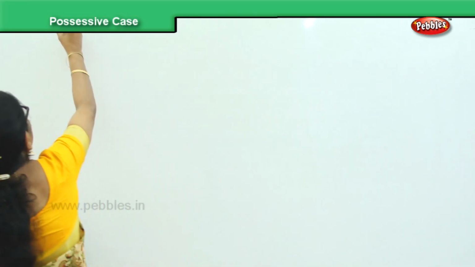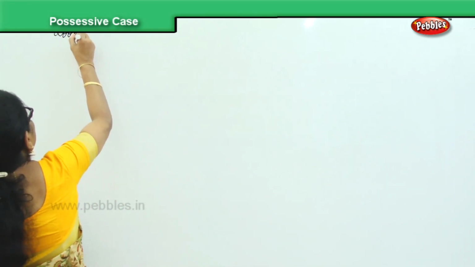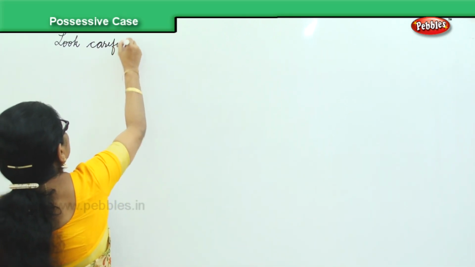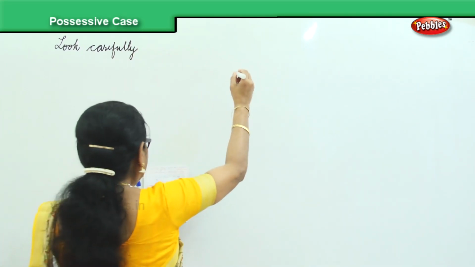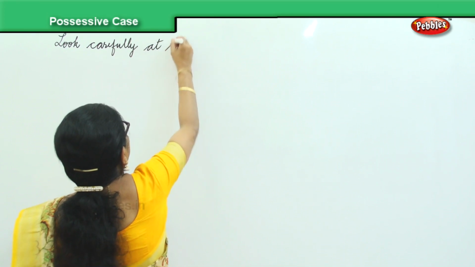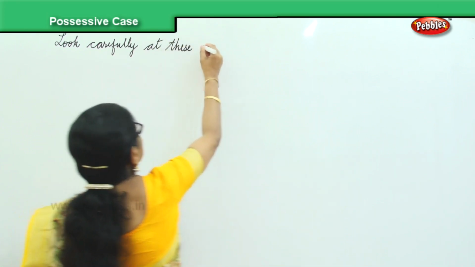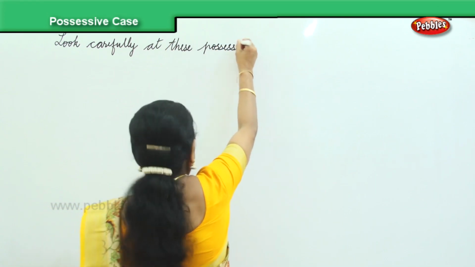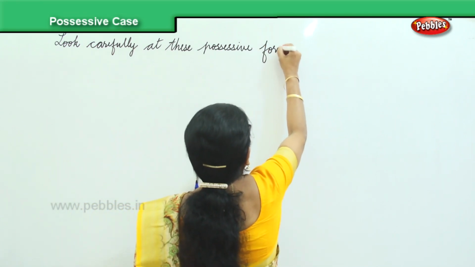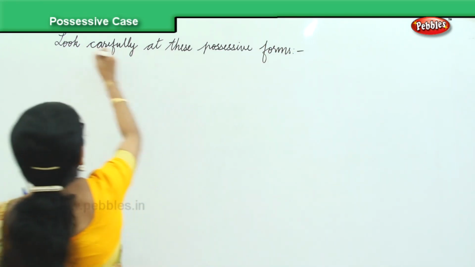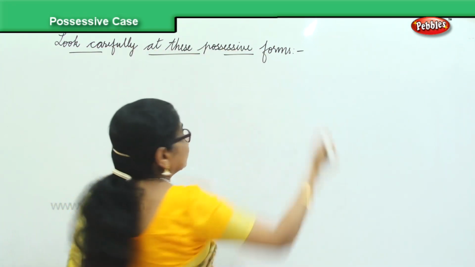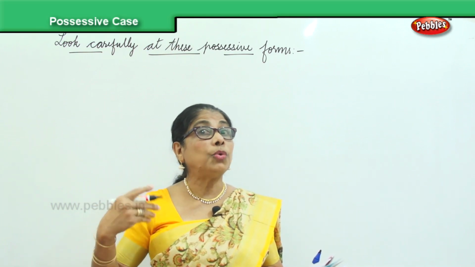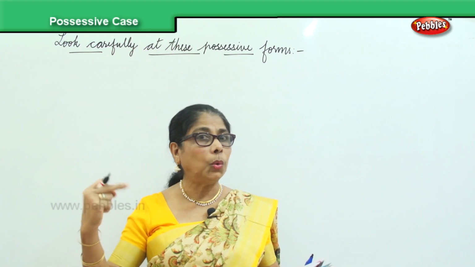Let's look carefully at these possessive forms. We know what is possessive form, but these sentences will help us to again affirm, oh, this is it.